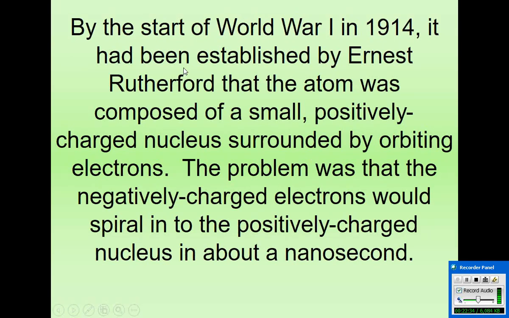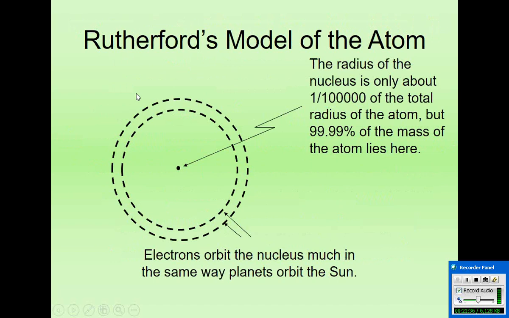Of course, a negative charge is attracted to a positive charge. So this is perhaps okay for gravity. The planet Earth is attracted to the sun gravitationally, and yet the Earth doesn't spiral into the sun because the gravitational force is kind of on the weak side. But pound for pound, if you'll pardon the metaphor, the electromagnetic force is a lot stronger than the gravitational force.